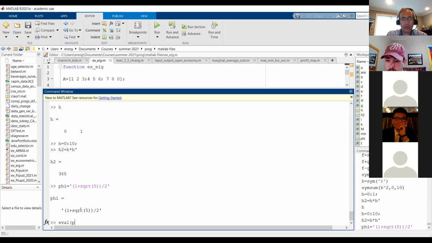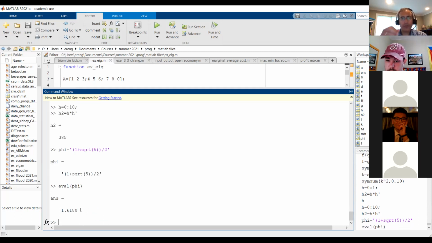We have done this before, remember when we did the names and open XLS. We used this eval function. When you have defined a string and you want MATLAB to evaluate it, there is a formula at the end of the day. Simply you say eval of my variable.